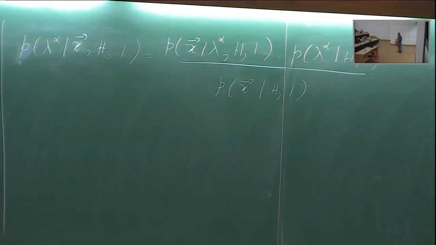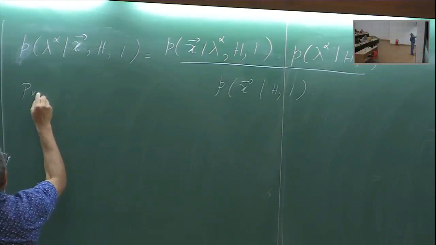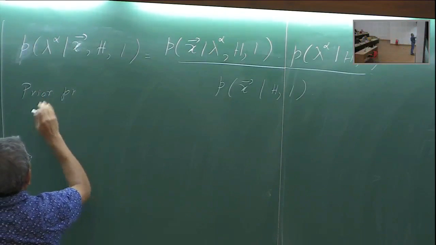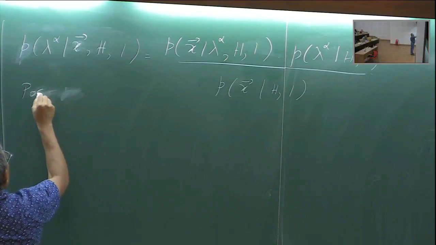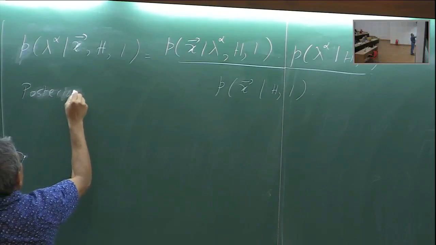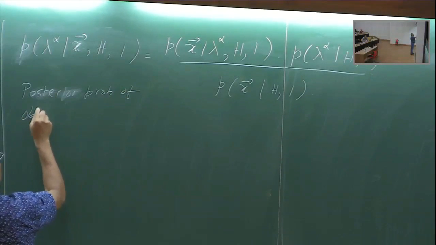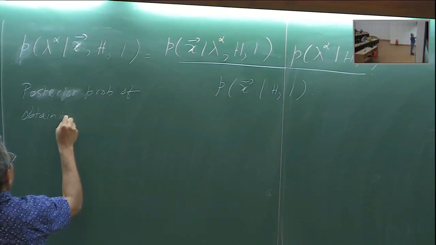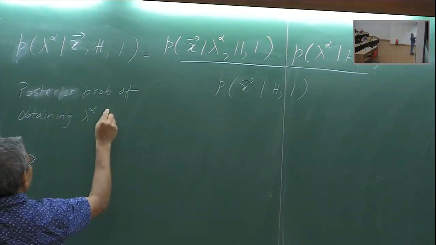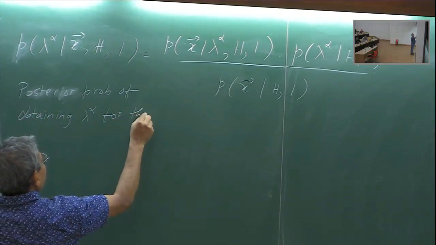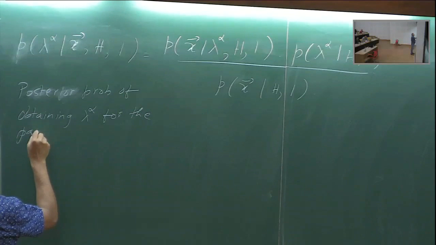So we have just applied the Bayes theorem to compute the posterior probability of obtaining lambda alpha for the parameters.